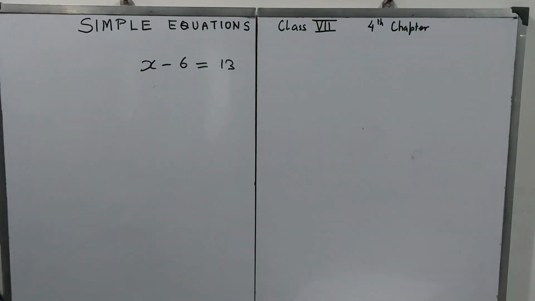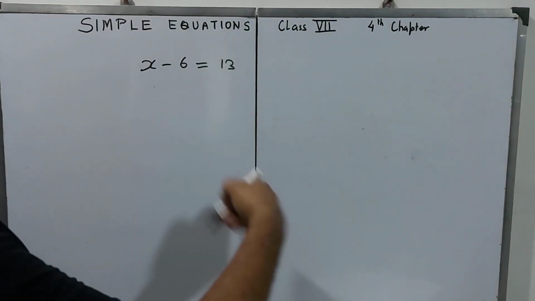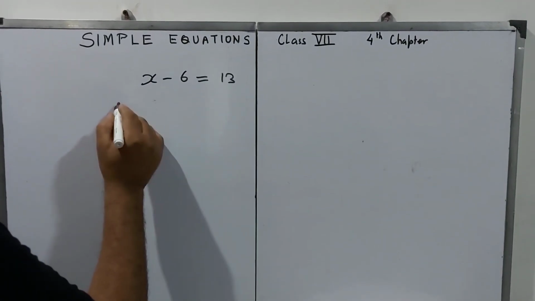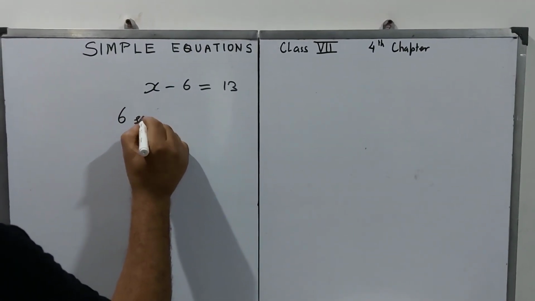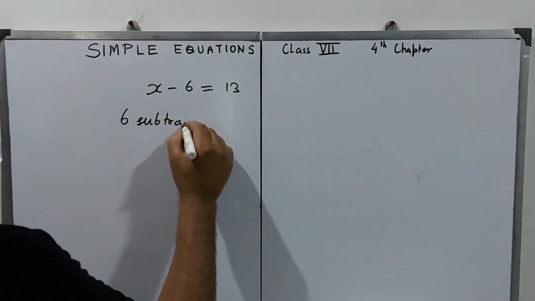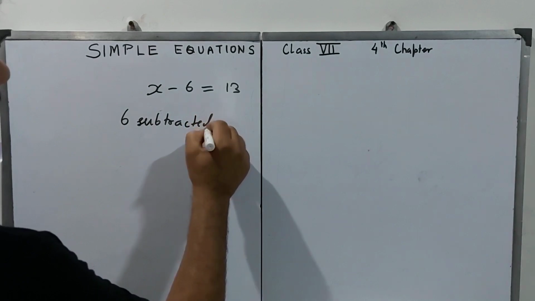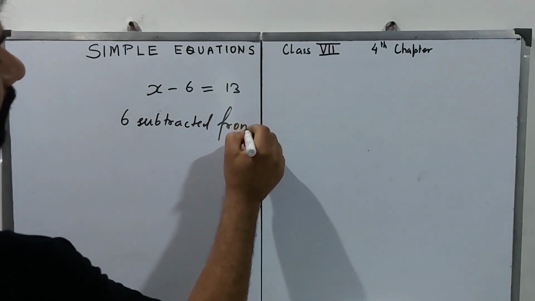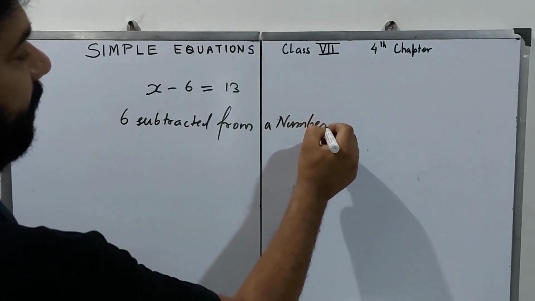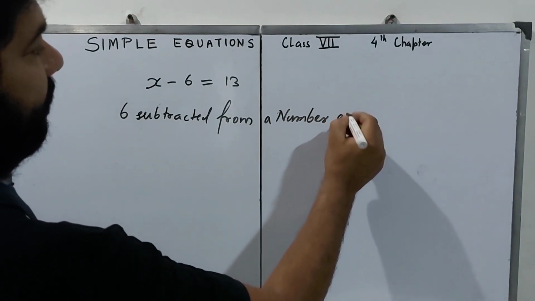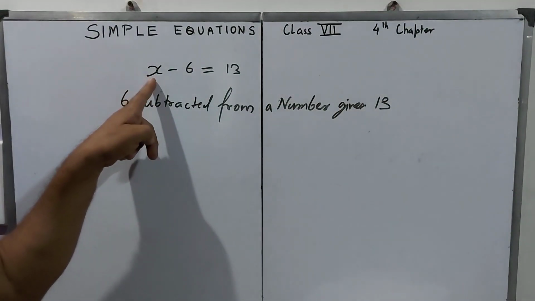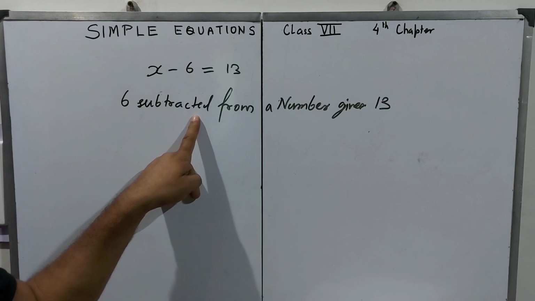Now we write this equation in mathematical statement form: 6 subtracted from a number gives 13. This equation is converted into a mathematical statement.